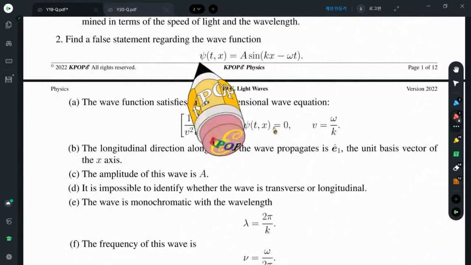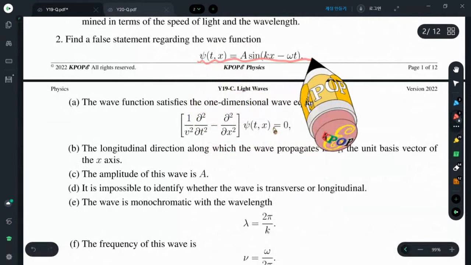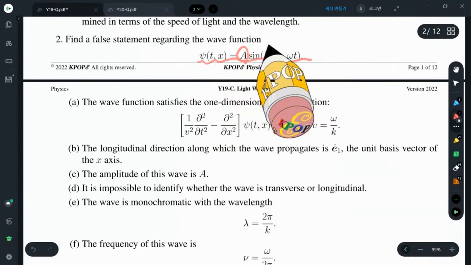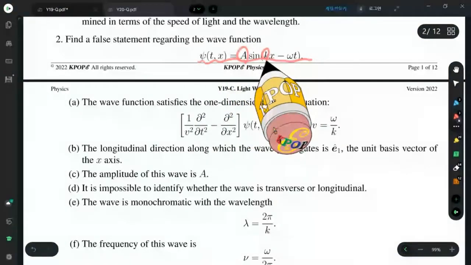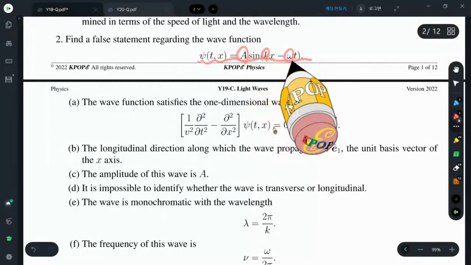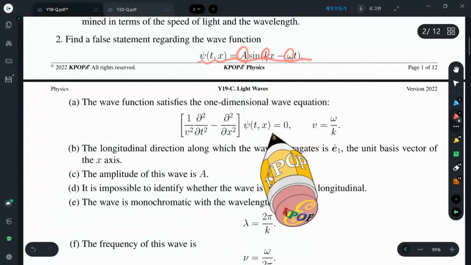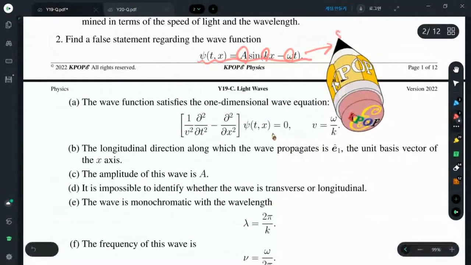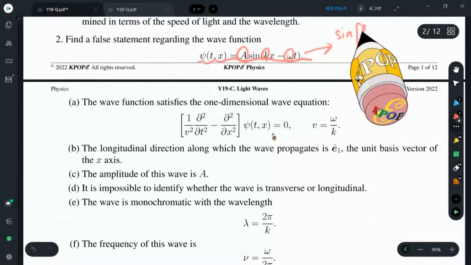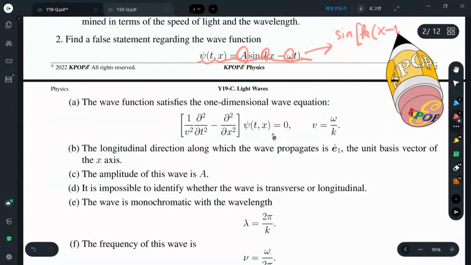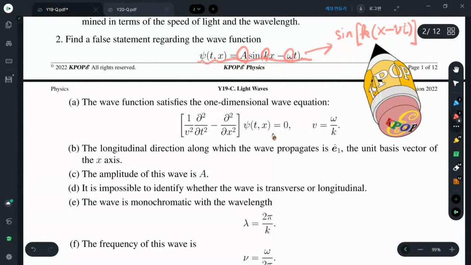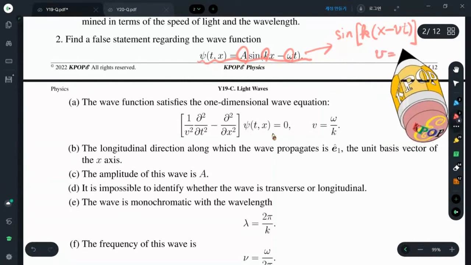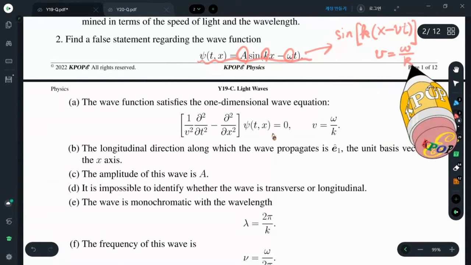Okay, first let us consider a wave. This is the amplitude, wave number, angular frequency. This can always be expressed as sine of k x minus v t, where v equals omega over k.